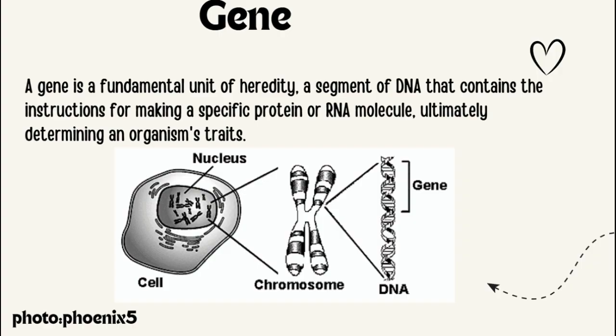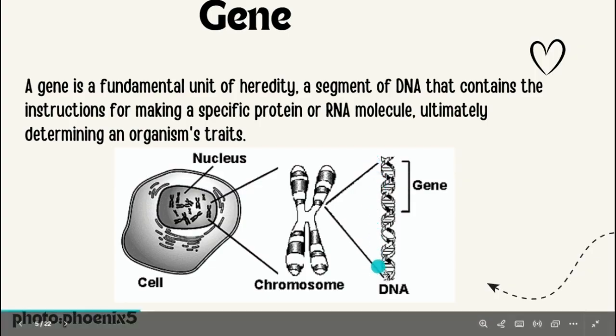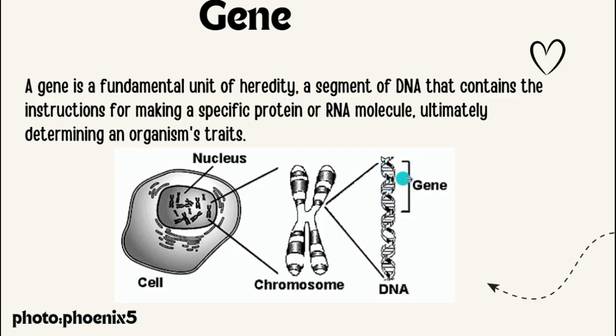And inside the chromosome, you obviously have the DNA, and in the DNA you can find a gene. So the gene is basically a segment of the DNA molecule. If this, for example purposes only, was the entire DNA molecule inside of us, that small segment would be the gene. And it's basically a fundamental unit of heredity.